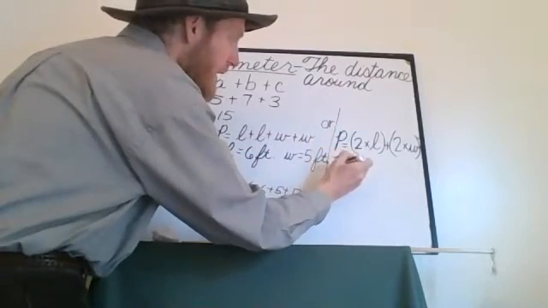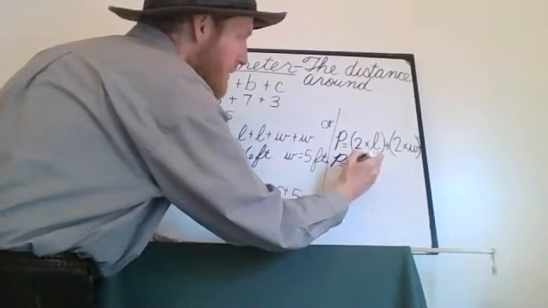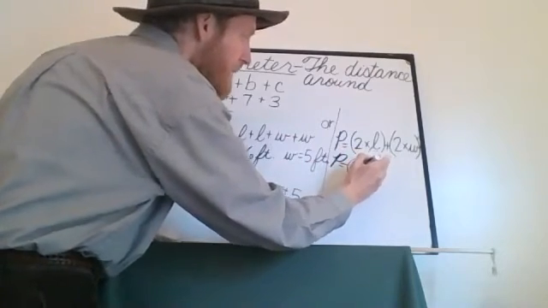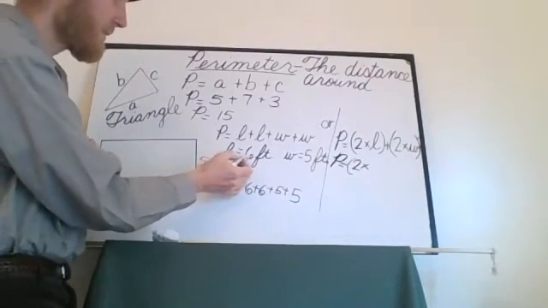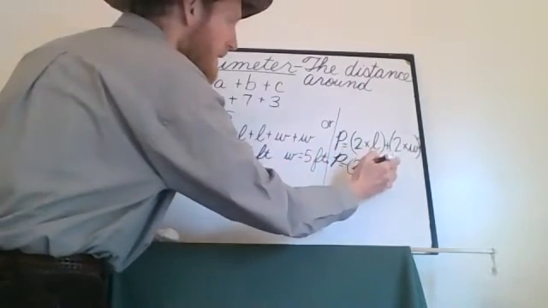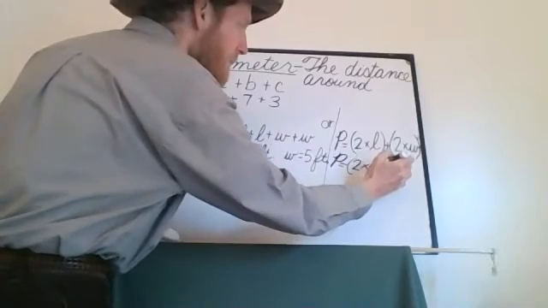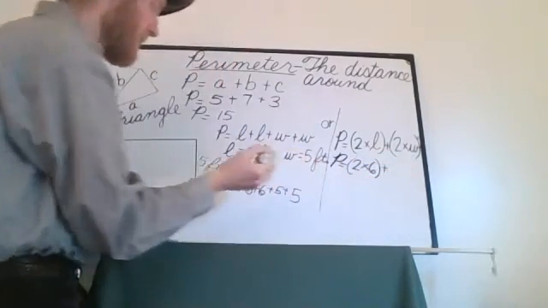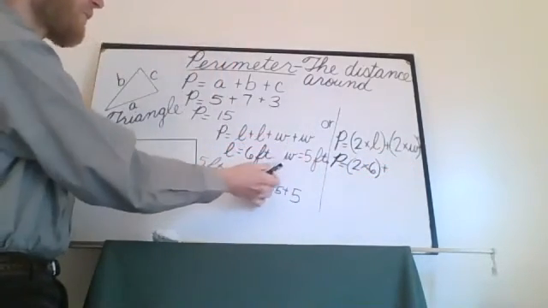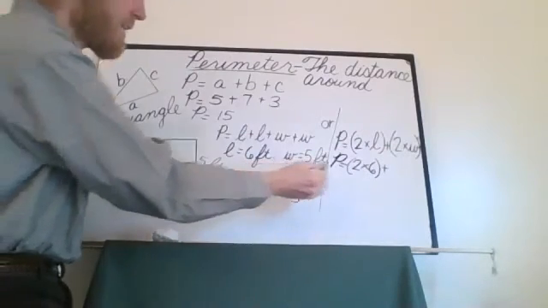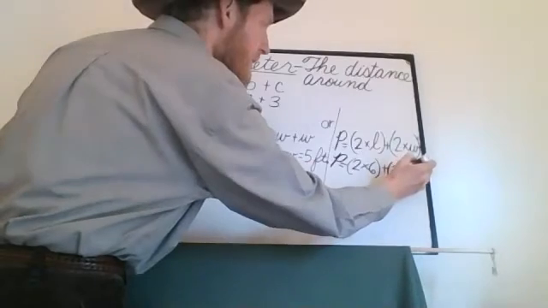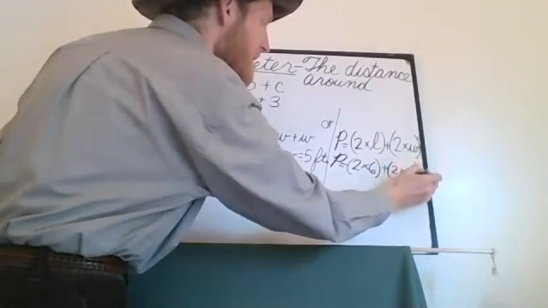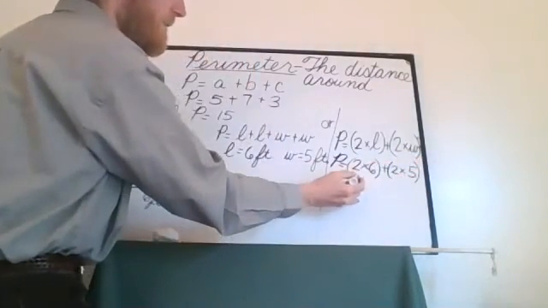Perimeter equals what? 2 times the length. What is the length? 6 feet. 2 times 6 plus 2 times the width. The width is 5. So 2 times 5. Notice I put parentheses around it and I put a plus sign there.